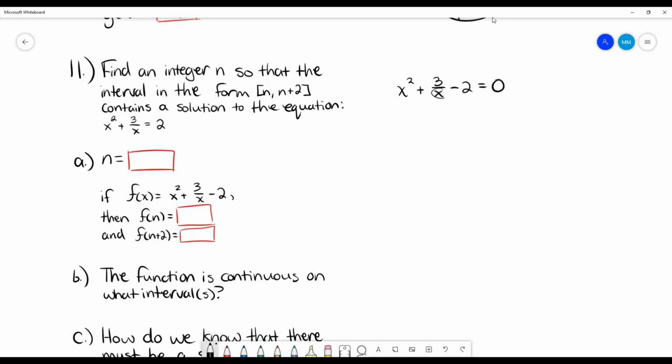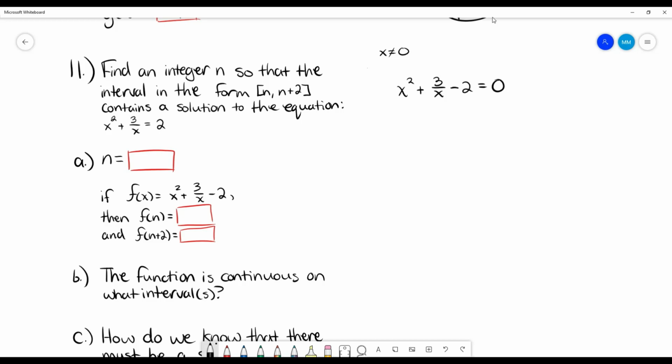And we notice right off the bat that x cannot equal 0, right? Because that would have an x in the denominator of part of our function, which would make the entire thing undefined. So we don't want any intervals that have x equals 0, because we can't guarantee that there will be a solution on that interval. So instead, let's just try plugging in some numbers.